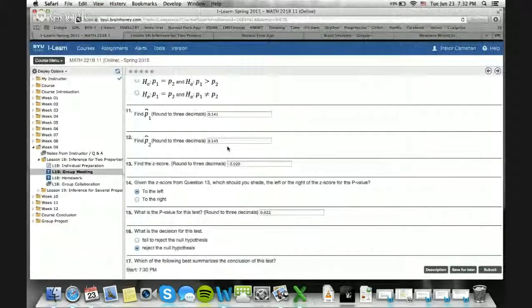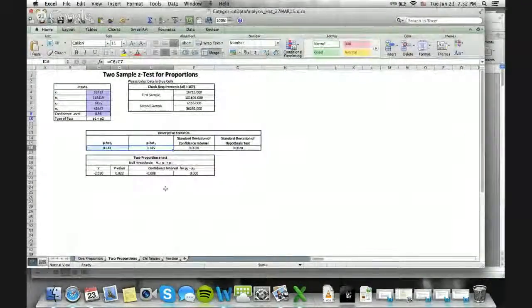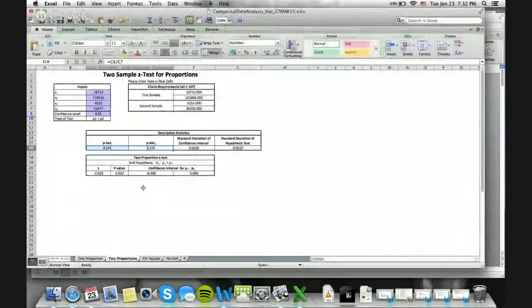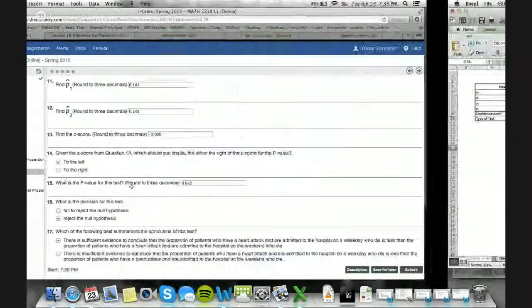So that's what I put. 0.141 and 0.145, and then the z-score negative 2.020.